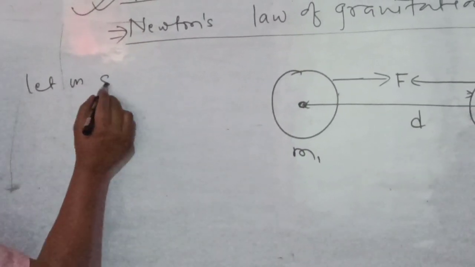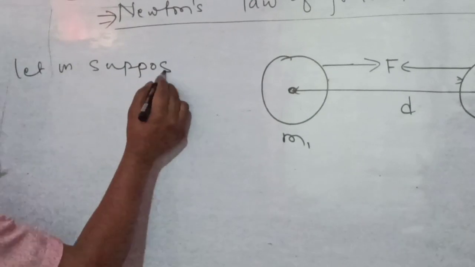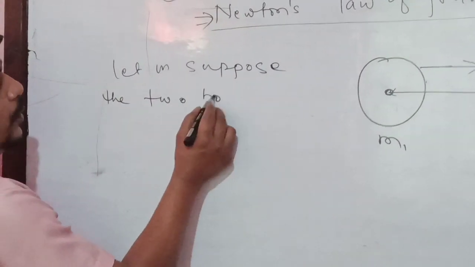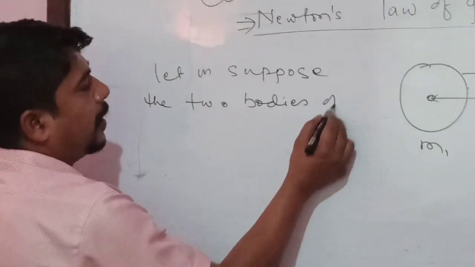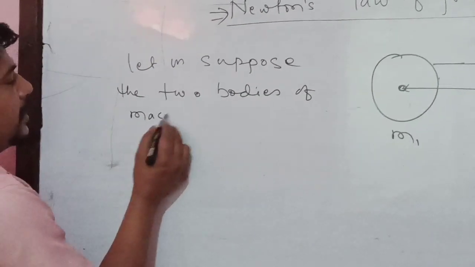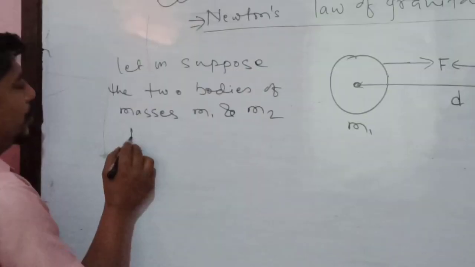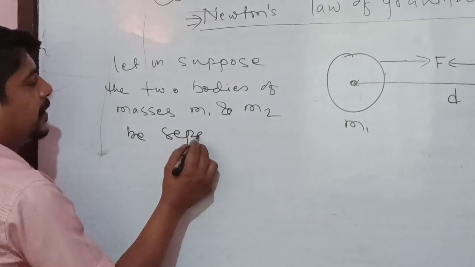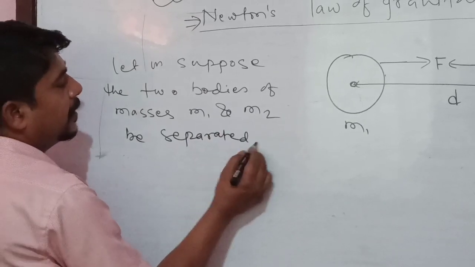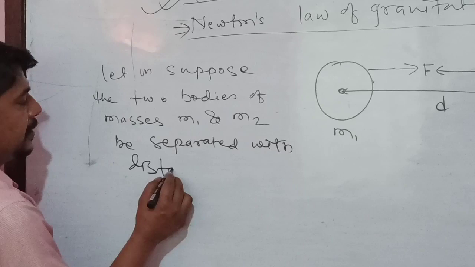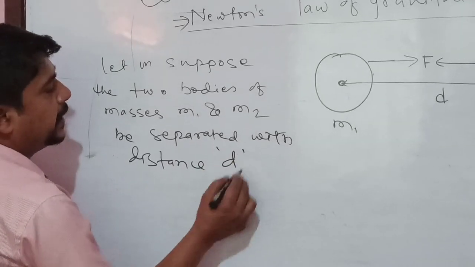Let us suppose the two bodies of masses m1 and m2 be separated with distance small d.